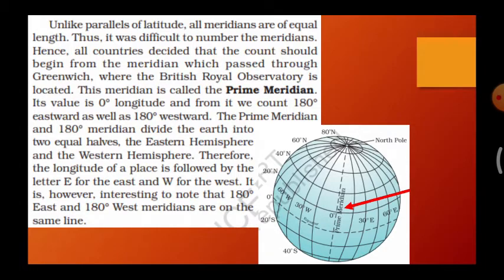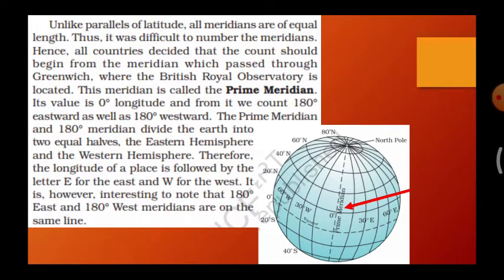From it we count 180 degrees eastward as well as 180 degrees westward. The prime meridian and the 180 degree meridian divide the earth into two equal halves, the eastern hemisphere and the western hemisphere.